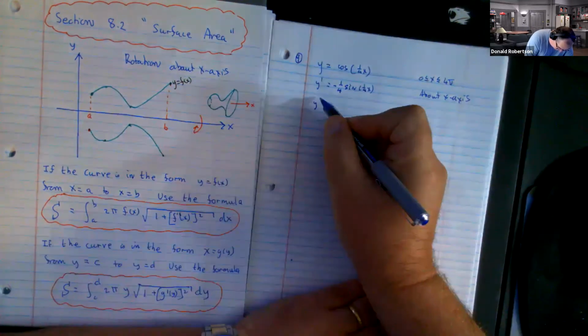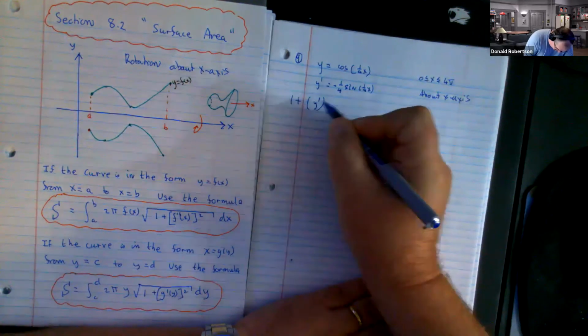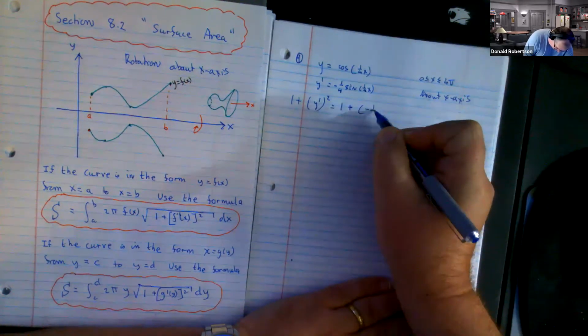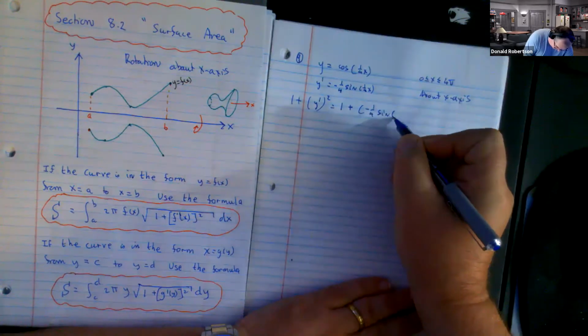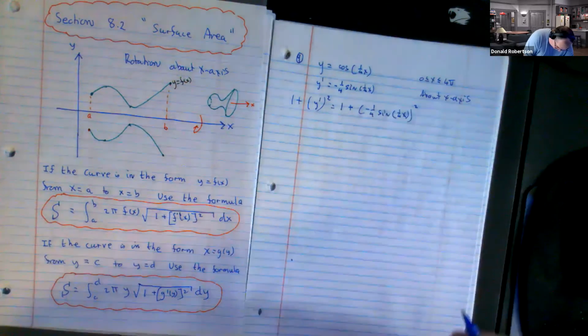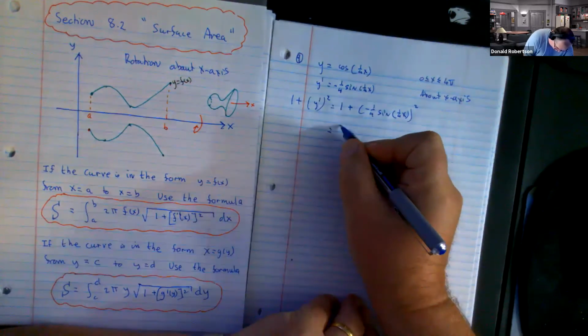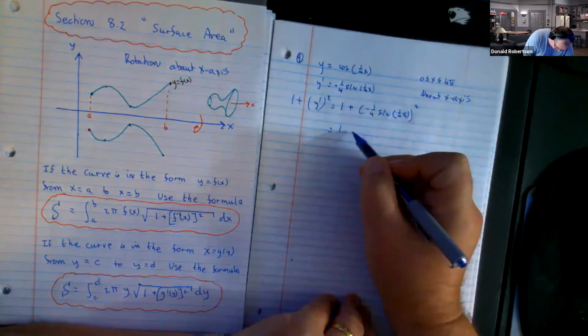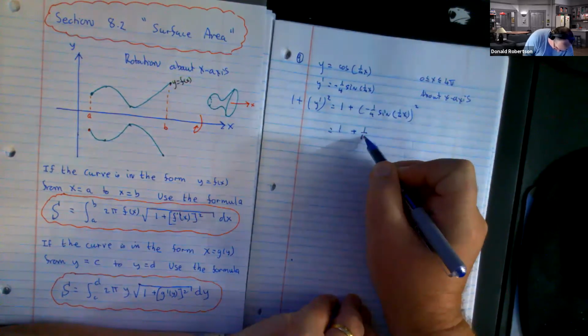If you then add 1 to this guy squared, you get 1 plus this guy squared. You've got some terms all being squared, so I can square them individually. Negative 1/4 squared gets you 1/16.